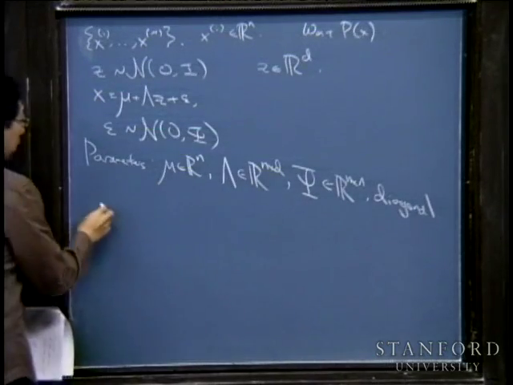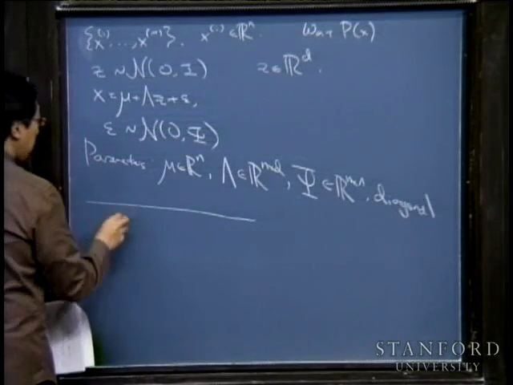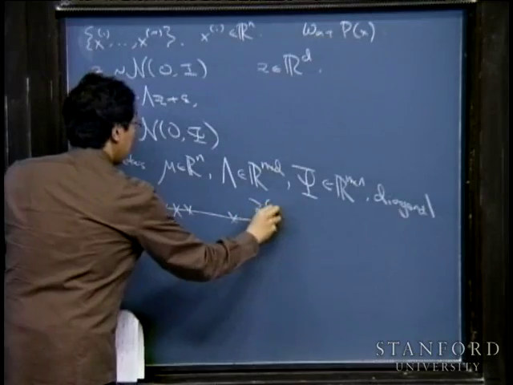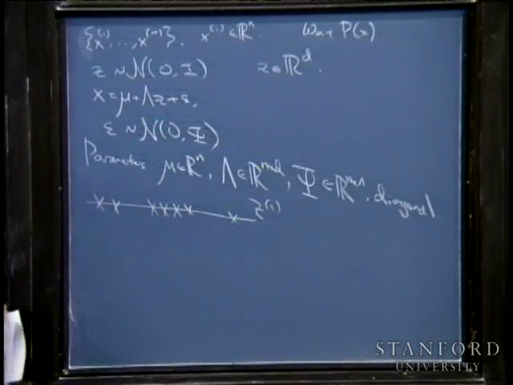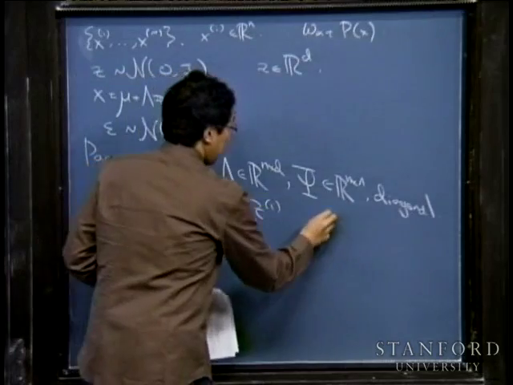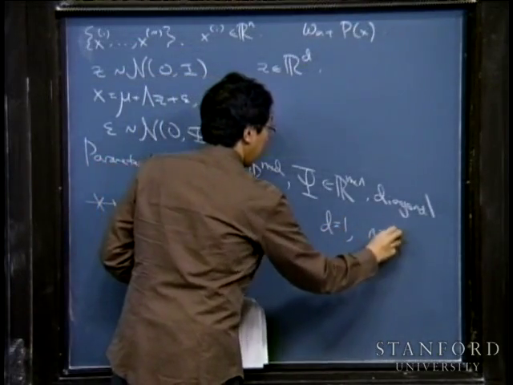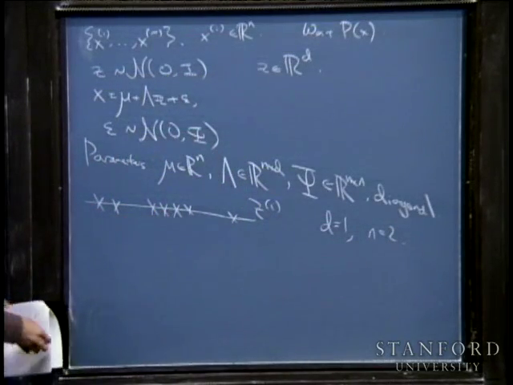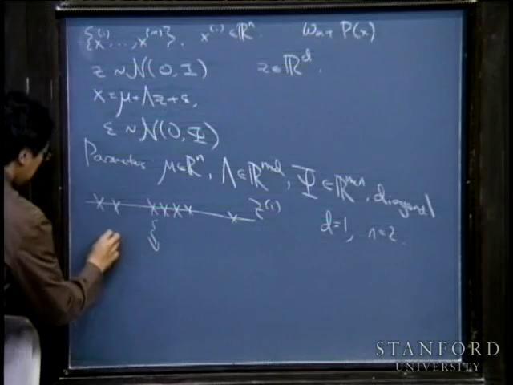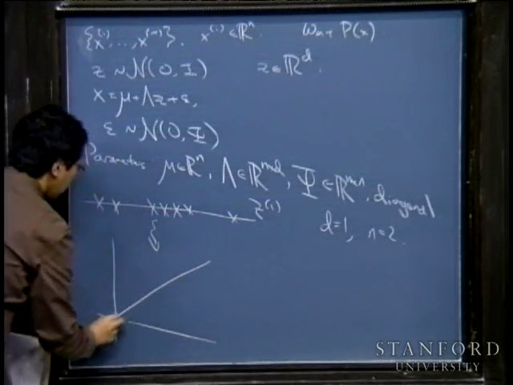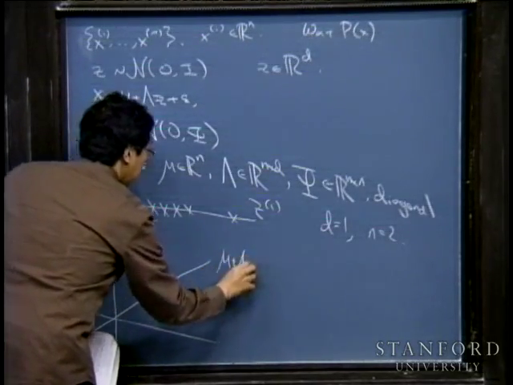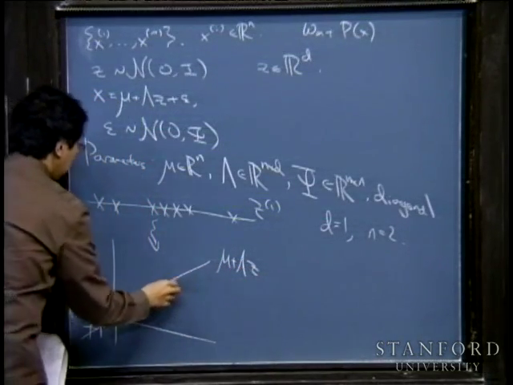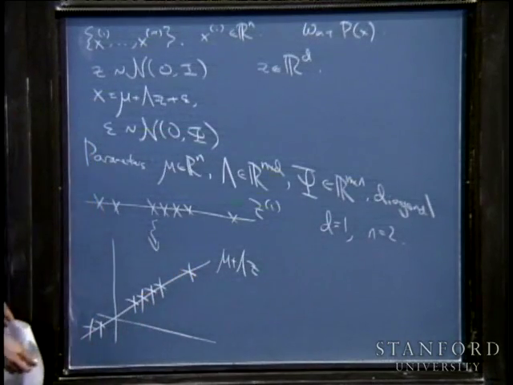So I guess the cartoon I drew last time for factor analysis was, maybe that's a typical example of a data point zi, and in this example I had d equals 1, n equals 2. So z in this example is one-dimensional, and you take this data and map it to some mu plus lambda z, and that may give you some set of points there.